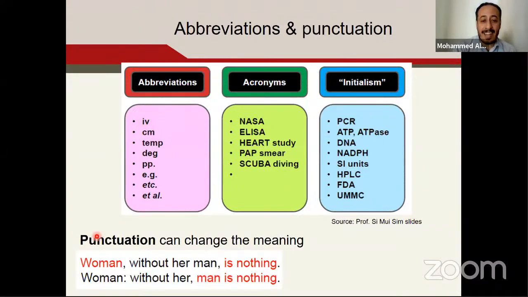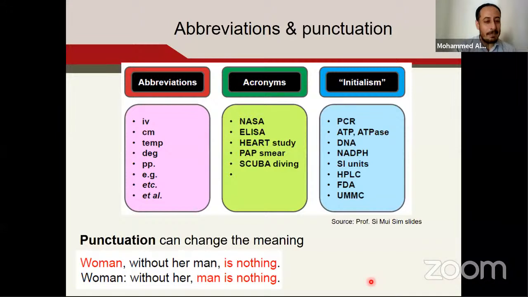Punctuation: some people are not aware of punctuation. Comma before "respectively", comma after "additionally". Just to show you how punctuation makes a difference, can you read those two sentences and see the differences? I didn't change any words. It's the same wording; I just changed the punctuation. So the first statement says, "Women, without hair, men is nothing."